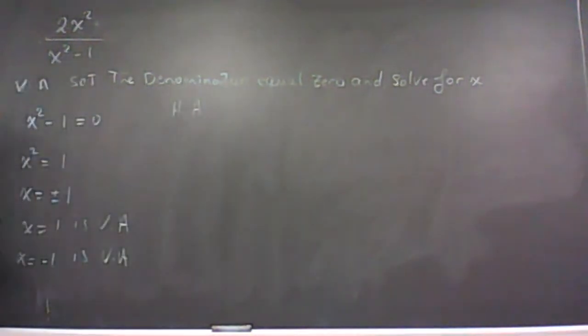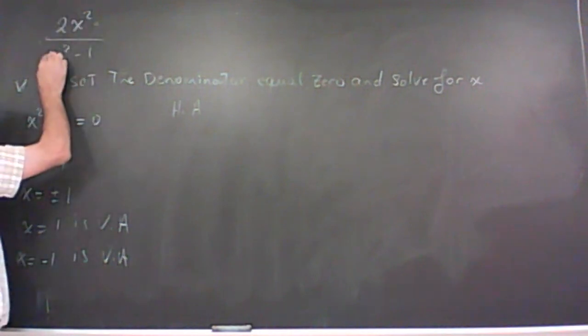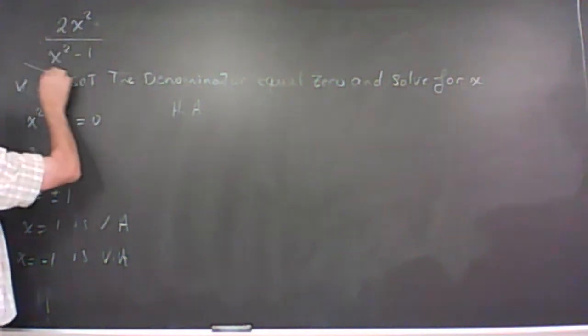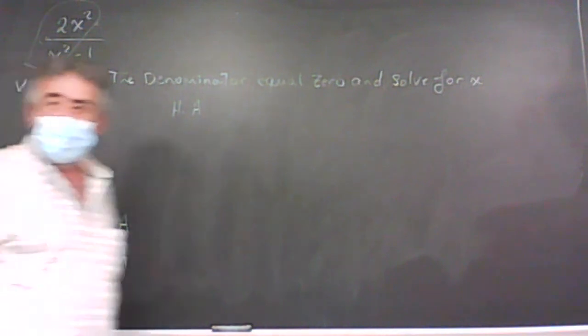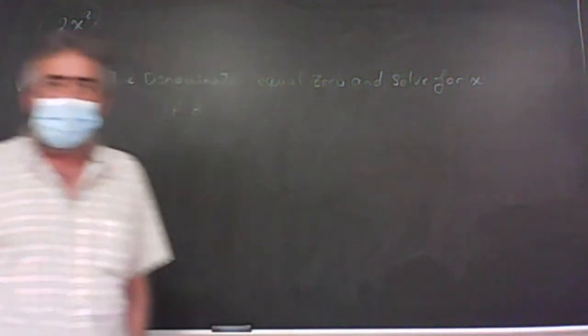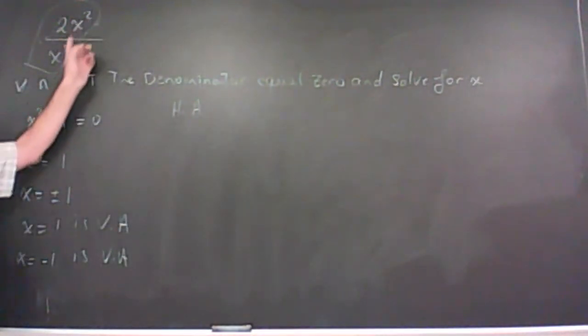For the horizontal asymptotes, we need to look at one thing: the highest exponent here and the highest exponent here, and deal with those only. What condition do they meet, from the conditions we just wrote? Are they greater than each other or the same? Those two exponents are equal.